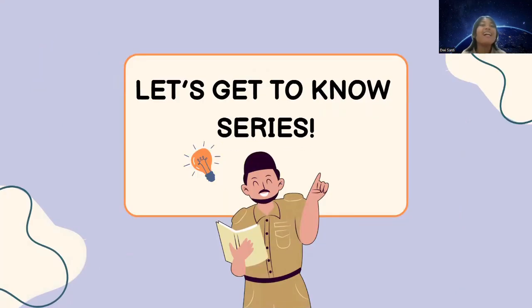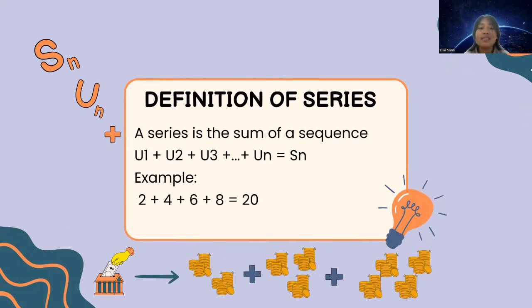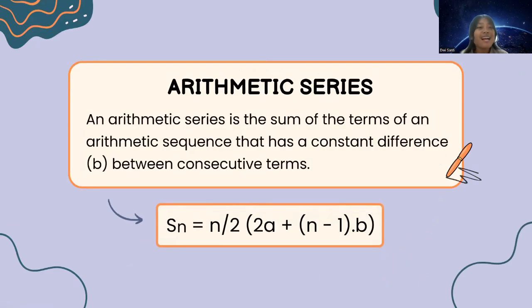And next, let's get to the series. Definition of series: a series is the sum of a sequence, U1 plus U2 plus U3 plus up to Un equals Sn. For example, 2 plus 4 plus 6 plus 8 equals 20. Next, arithmetic series.